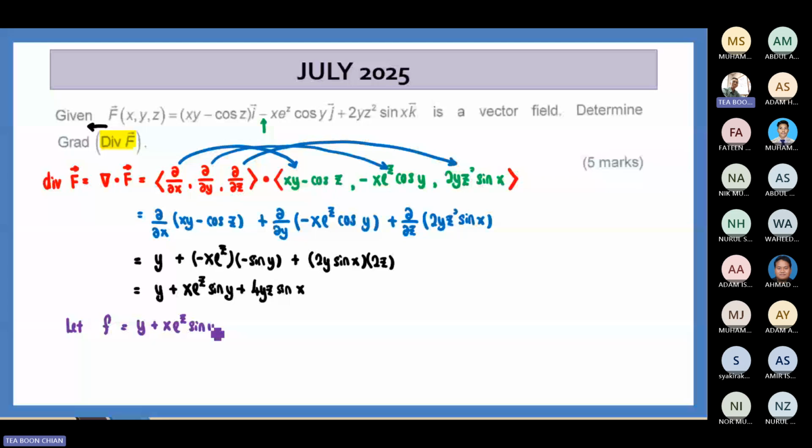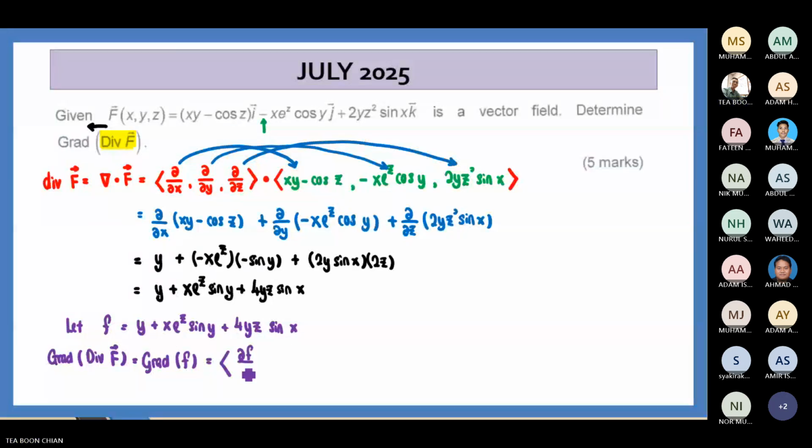If you don't put f, it is also not wrong. But here, just to let you know, later when you find the gradient of the divergence of f, this divergence inside is what we computed here, which means we are now computing the gradient of the function f. This is to say that we are going to differentiate this function with respect to x. This function we differentiate with respect to y, and the same function we differentiate again with respect to z.